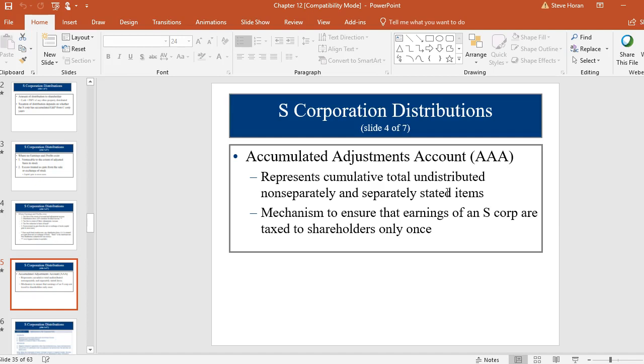So the AAA, again, is on page 15, and represents the cumulative total of undistributed non-separately and separately stated items, and a mechanism to ensure that earnings of an S corp are taxed to shareholders only once.